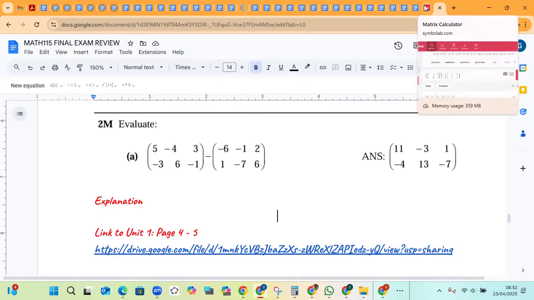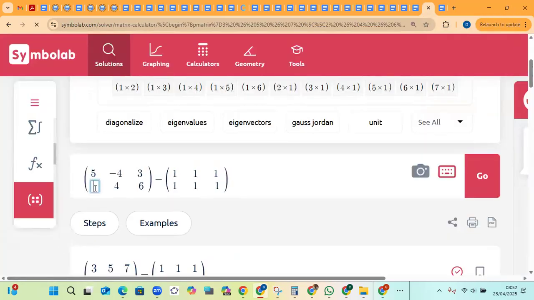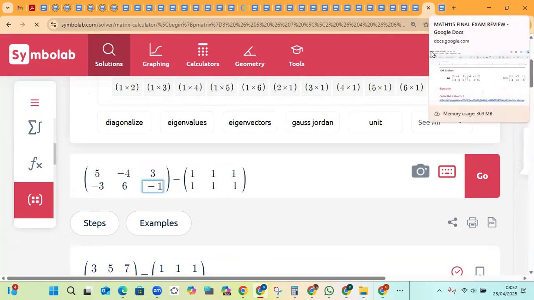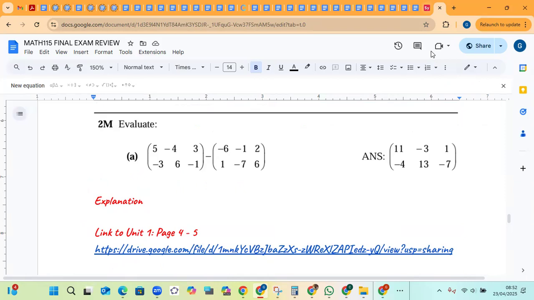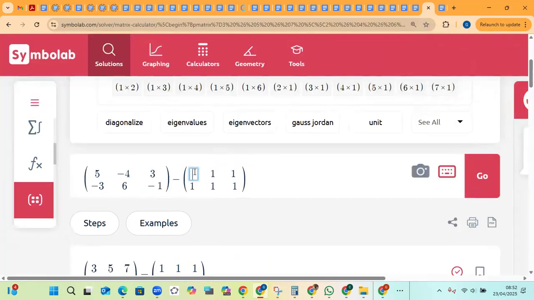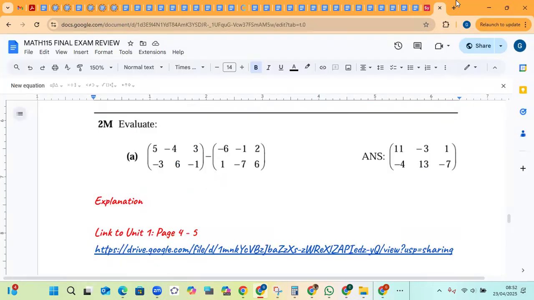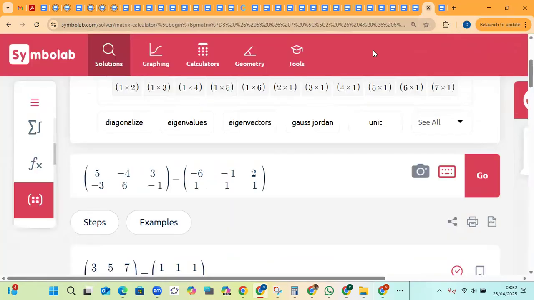Negative 3, 6, and negative 1. Negative 6, negative 1, and 2. And 1, negative 7, and 6.